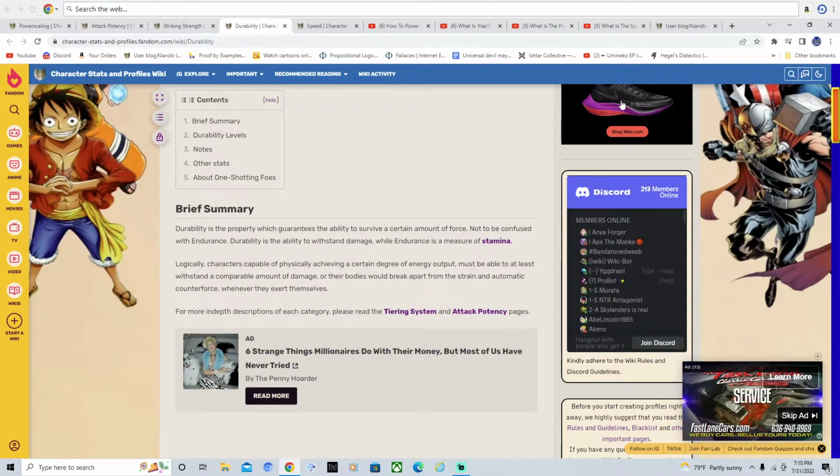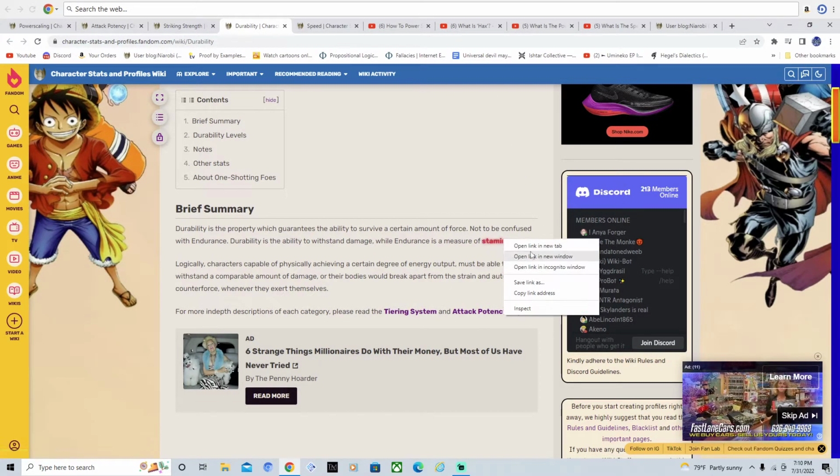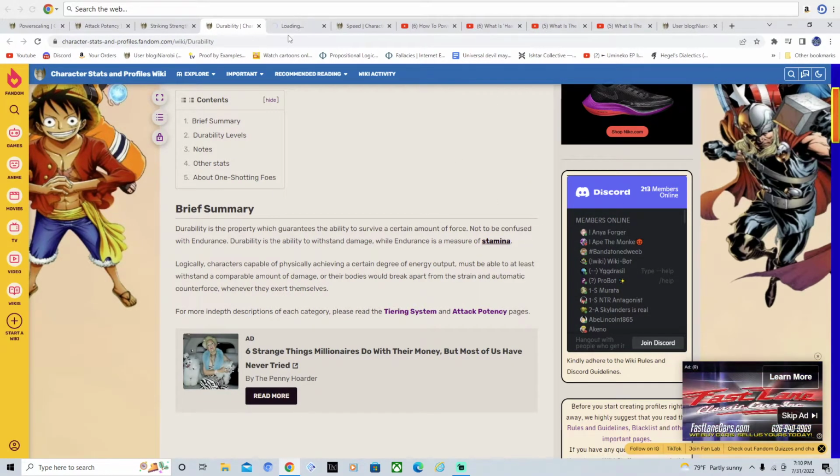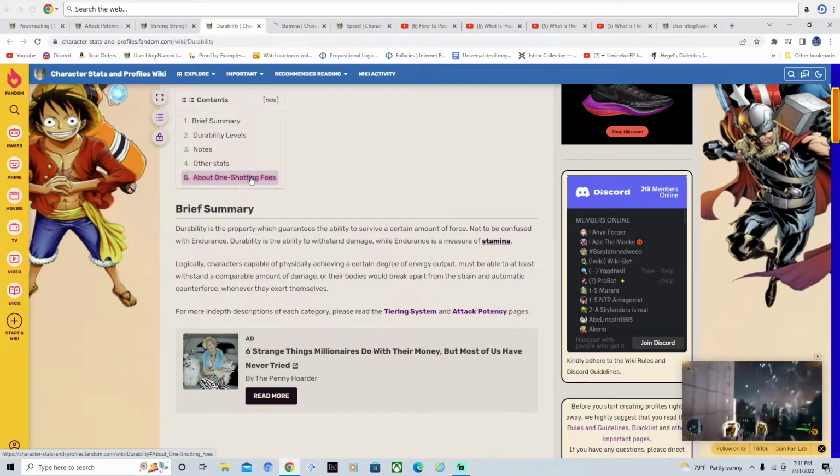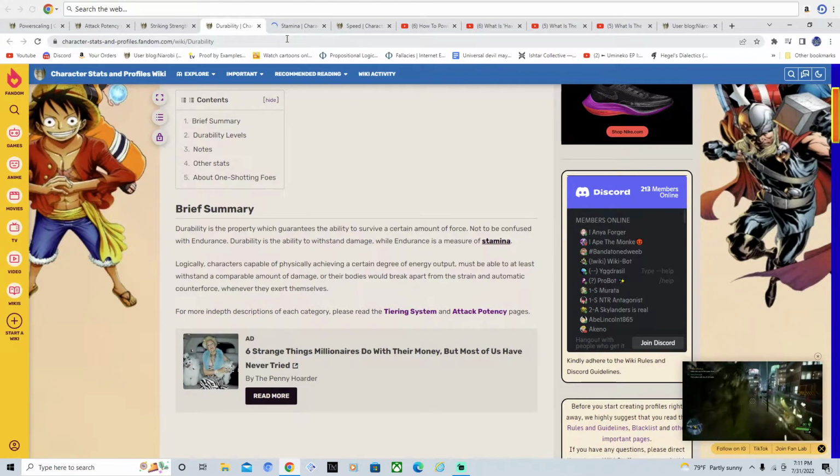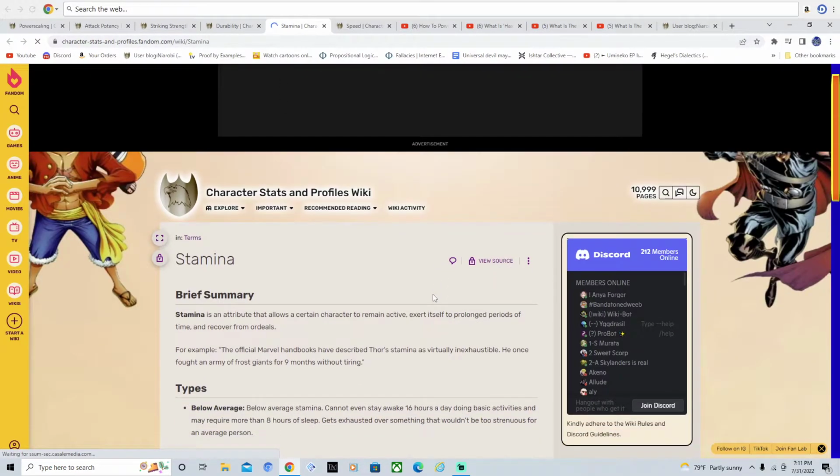Well, because they have a massive amount of something called stamina, they're able to take a lot of attacks that are stronger than themselves because they have stamina. Durability is simply the attacks they're able to take. Stamina is the amount of attacks you're able to take within your own tier or above your tier, or other things we'd analyze when we talk about the metric of stamina.